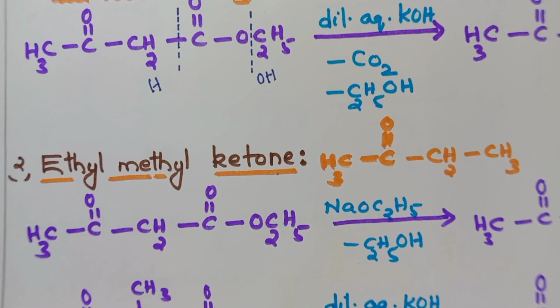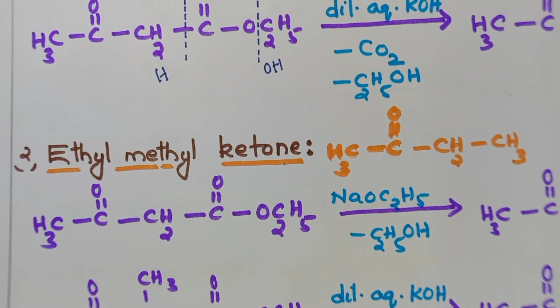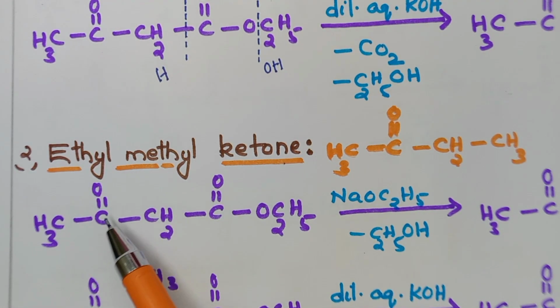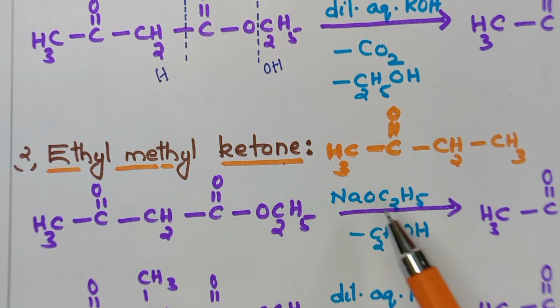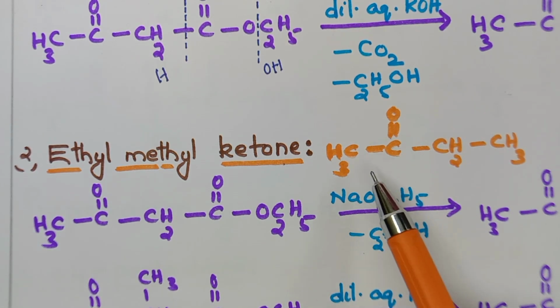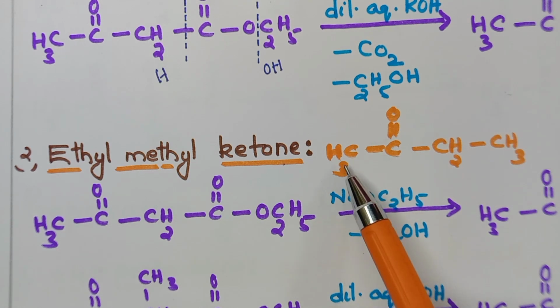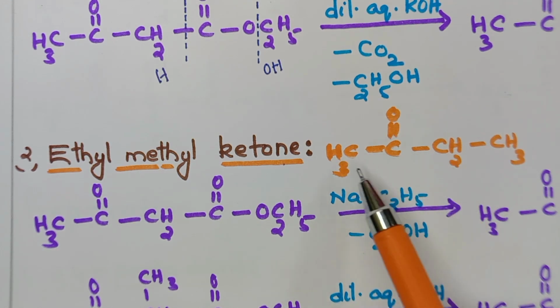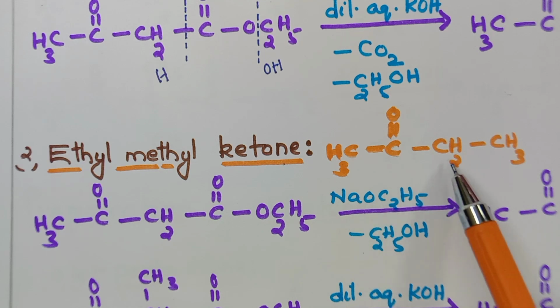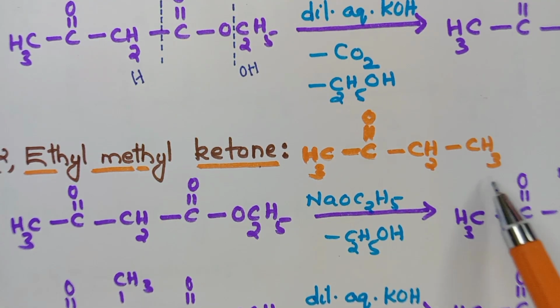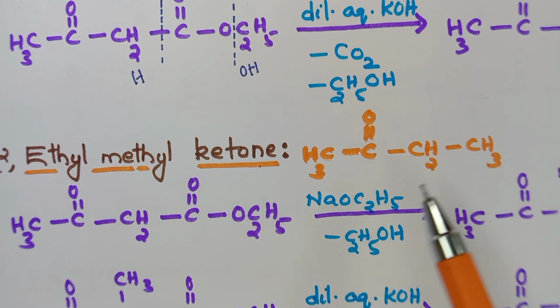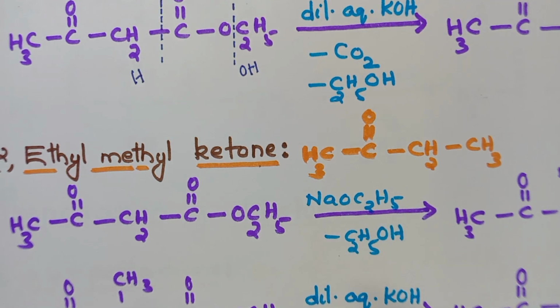To start with, write down acetoacetic ester, CH3, C double bond O, CH2, C double bond O, OC2H5. As I told you, after hydrolysis we are going to get this portion CH3, C double bond O, CH. What is the group attached here? CH3. So this group has to be introduced in acetoacetic ester. How to do that?